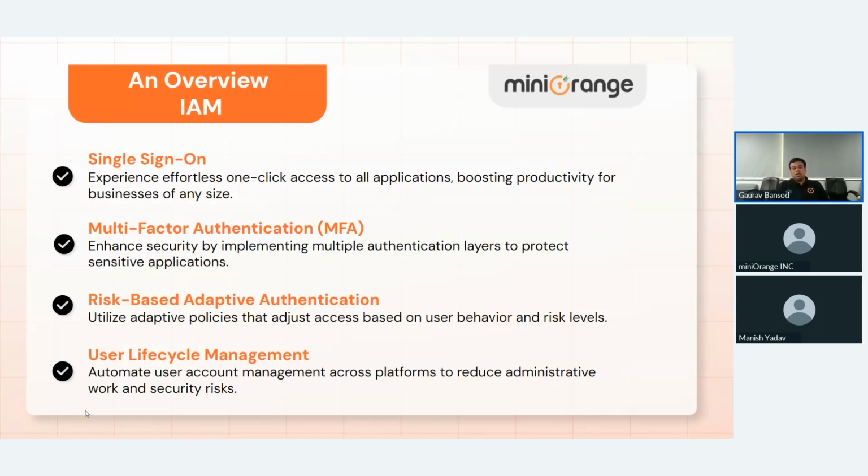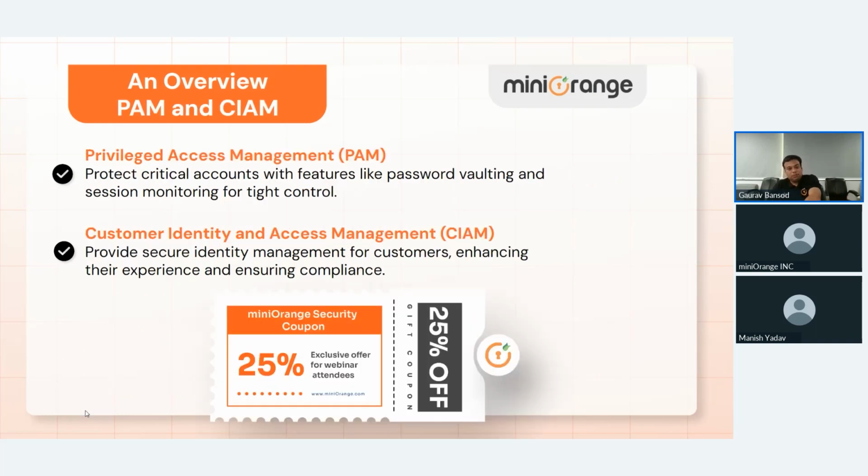So in a nutshell, what I propose is that your first target should be to manage your identities. If you are not, you should have a centralized identity in place, with products like single sign-on, multi-factor authentication, adaptive authentication, user lifecycle management, PAM, CIAM, and CASB. We have a CASB solution as well, cloud access security broker.